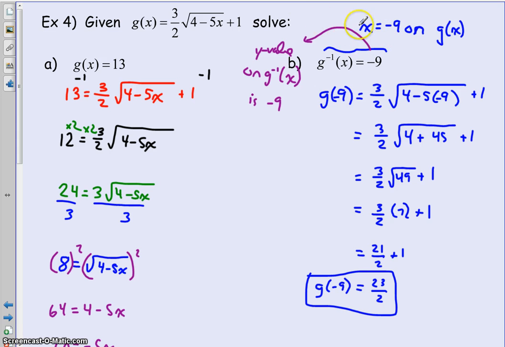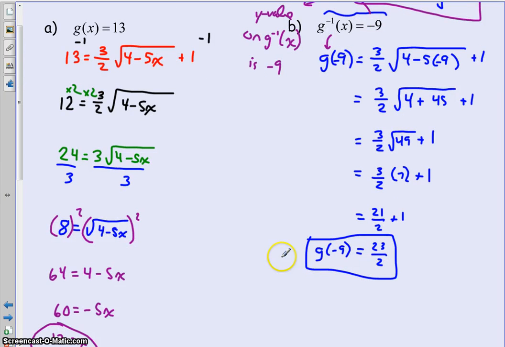So this is the exact same thing as putting x equals negative 9 into the original function. So when saying g inverse of x equals negative 9, I might as well just say g of negative 9. So I sub negative 9 into the function for x, and then simplify as best I can. After some quick math, I wind up with the square root of 49, which becomes 7. And then after some further simplification, I get 23 over 2.